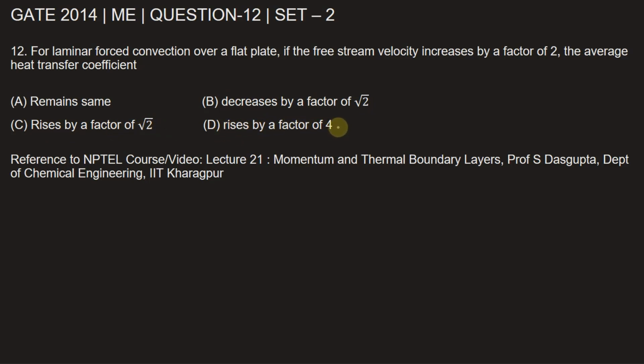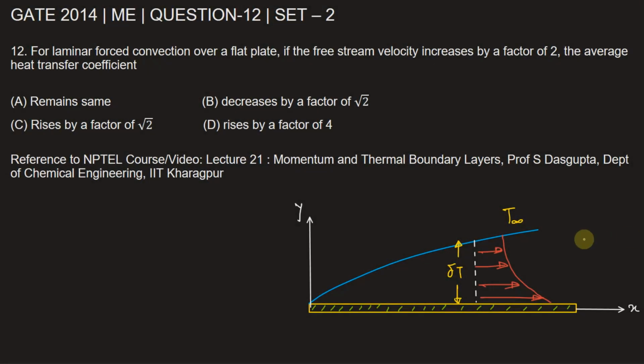Let's understand the thermal boundary layer over a flat plate. The formation of the thermal boundary layer occurs because there is a temperature difference between the temperature of the surface, Ts, and the fluid temperature, let's say T infinity. Because of this difference, there will be a thermal boundary layer whose profile may look something like this.